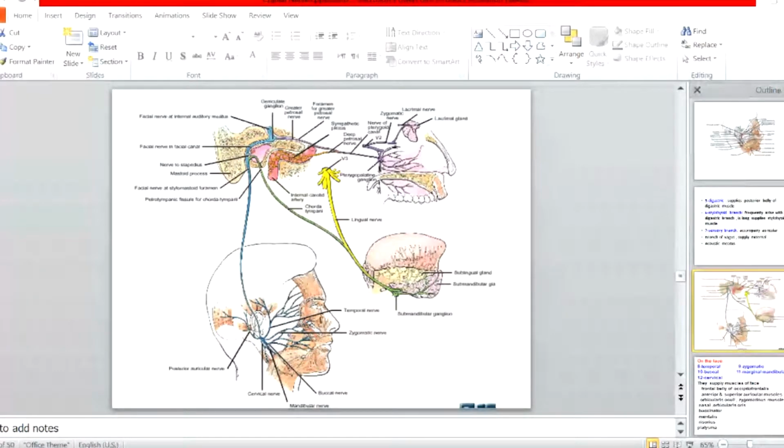The sympathetic is postganglionic sympathetic, which we call the deep petrosal nerve. Together with the greater petrosal, they become the nerve of the pterygoid canal, which passes to end in the pterygopalatine fossa and terminates in the pterygopalatine ganglia.